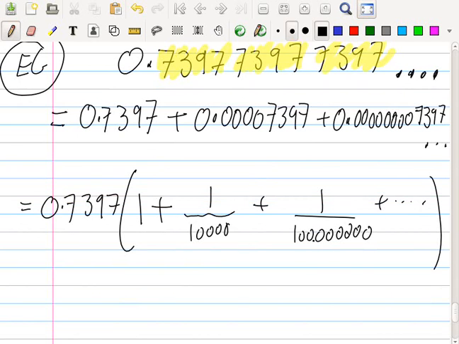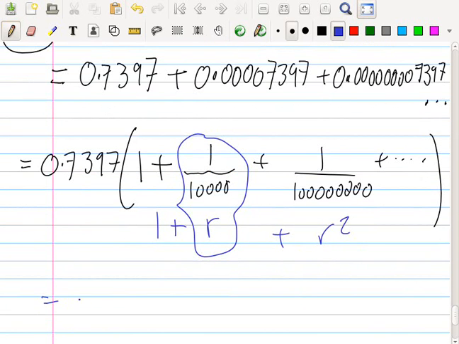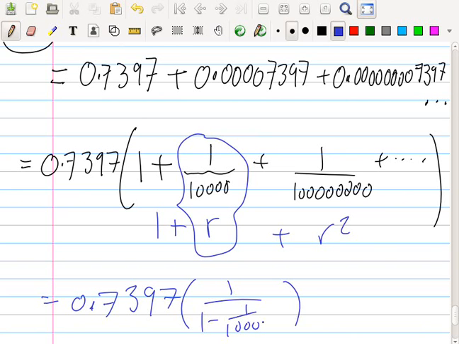Now, this here looks a lot like 1 plus r plus r squared. And you see here, r equals 1 over 10,000. So this becomes 0.7397 times 1 over 1 minus 1 over 10,000, which equals a fraction.